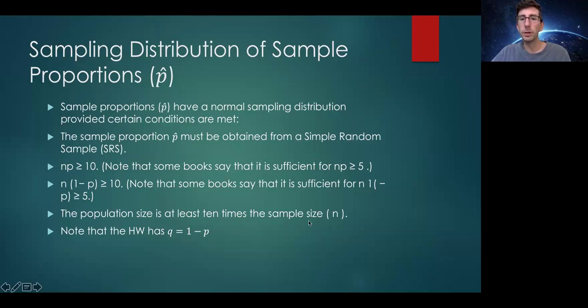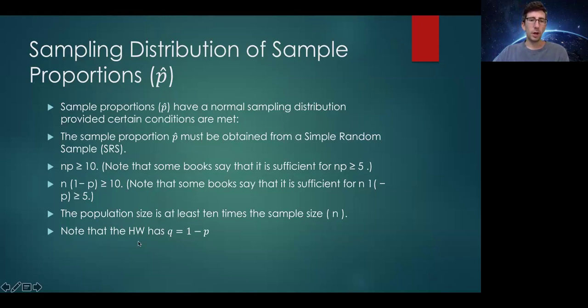If our sample size was 301, you multiply 301 by 10 and you would get 3010. So 10 times our sample size of 301 is bigger than the population size of 3,000. So that's what that requirement is saying.